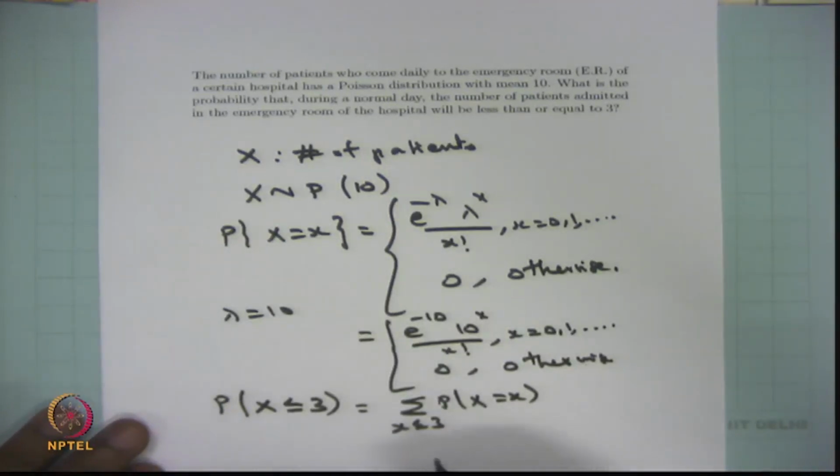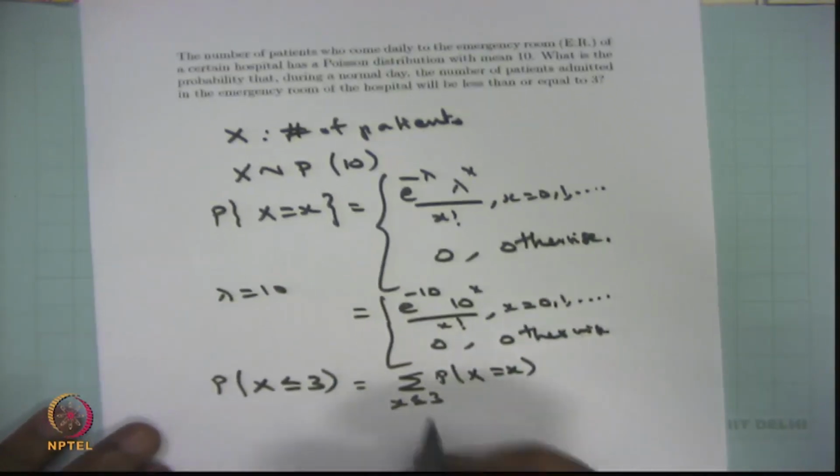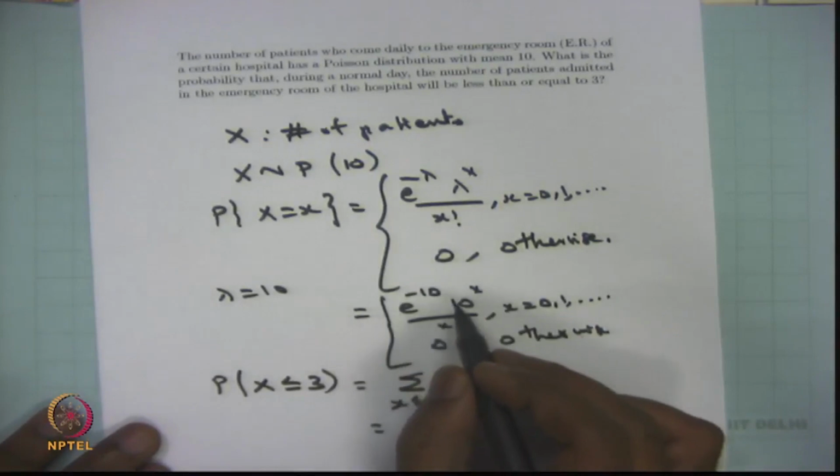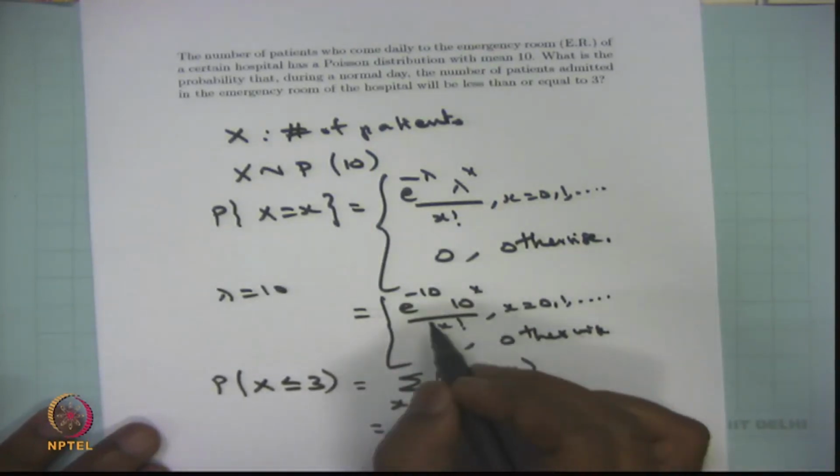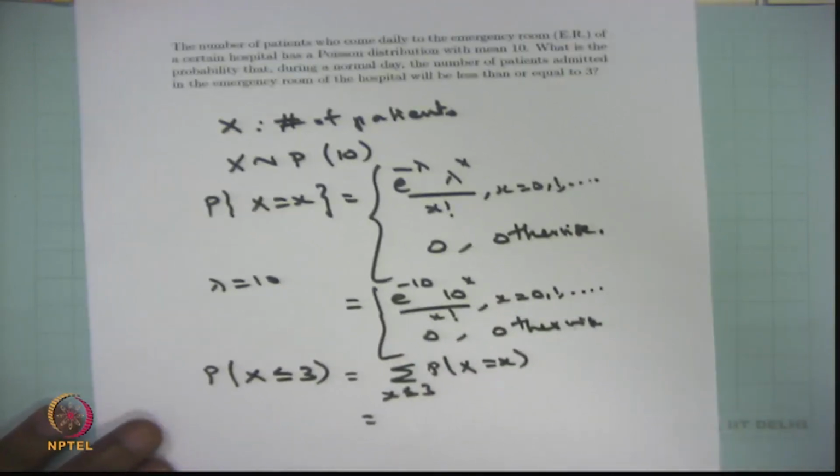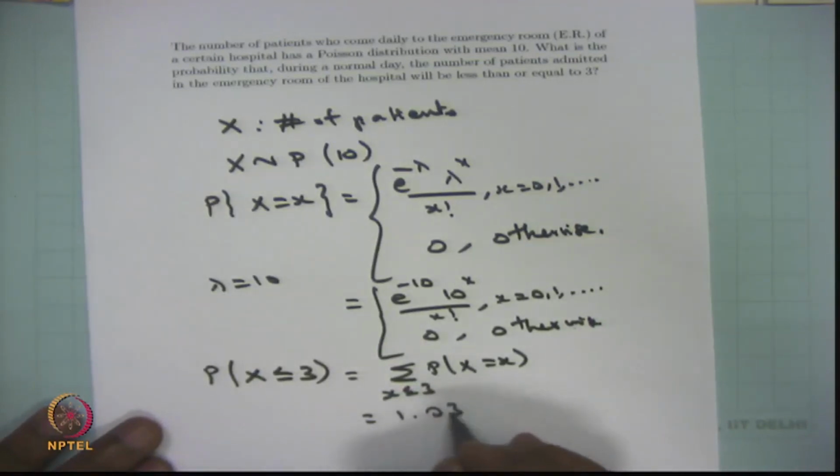That means P(X=0) + P(X=1) + P(X=2) + P(X=3). You substitute x = 0, 1, 2, 3, get the probability masses at those points, and add all the values. If you simplify, you will get the answer, which is 1.0336 × 10^-2.